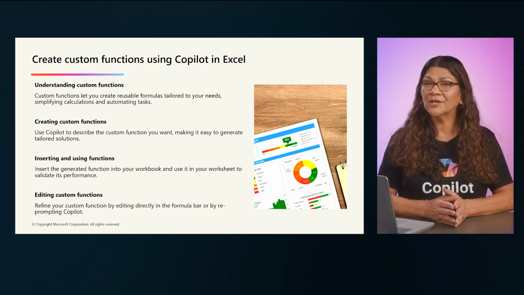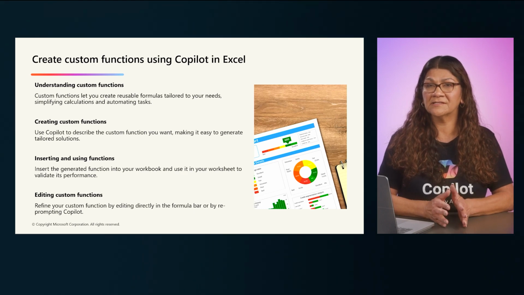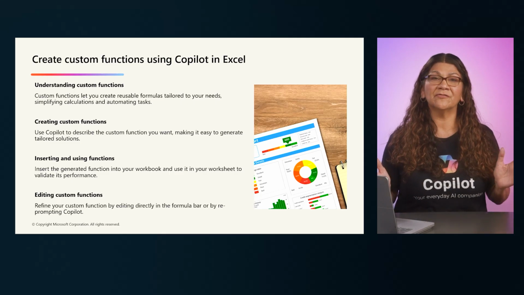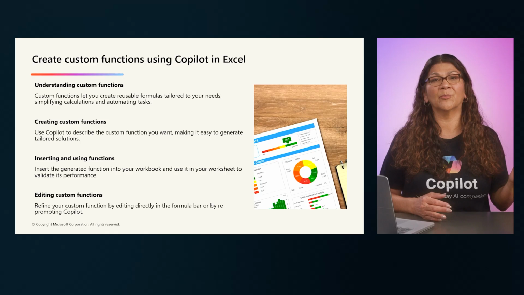Custom functions in Copilot in Excel let you create reusable formulas tailored to your specific needs, which is a huge win when you find yourself repeating the same logic across multiple sheets or workbooks.